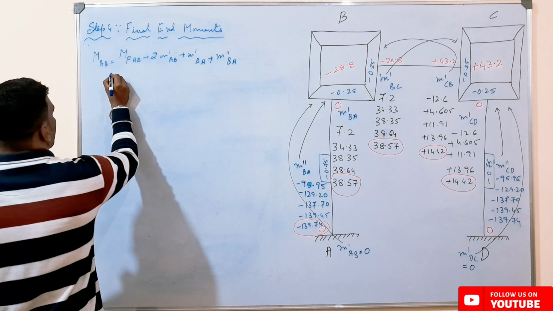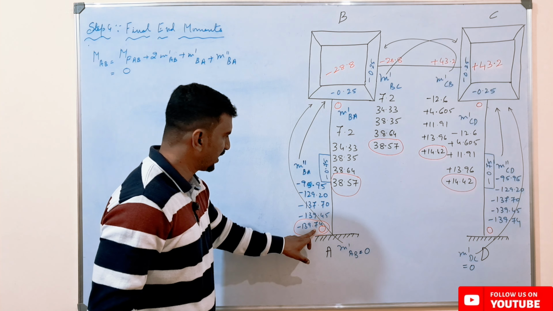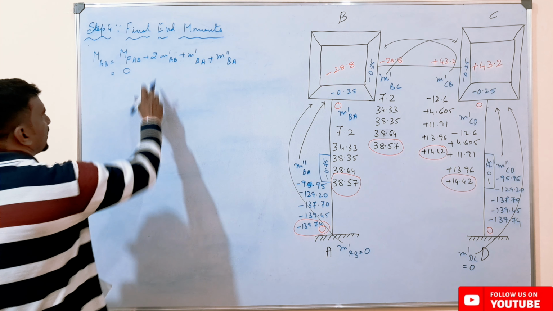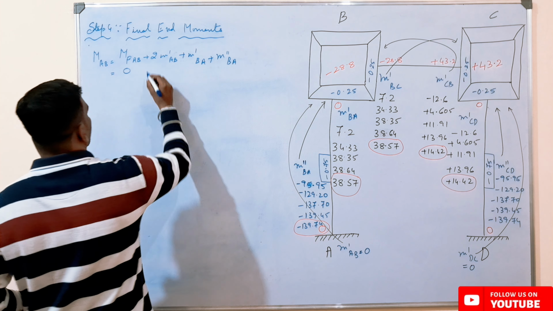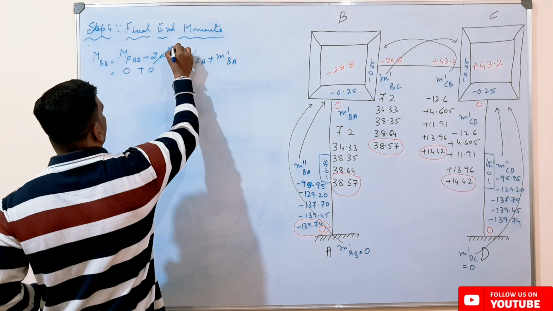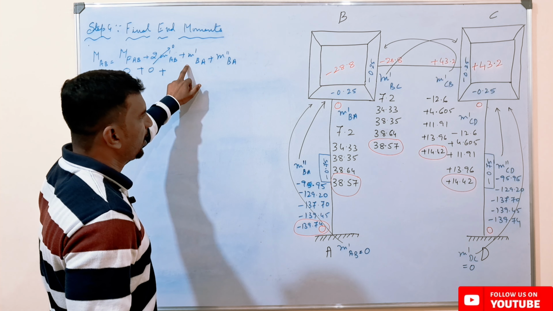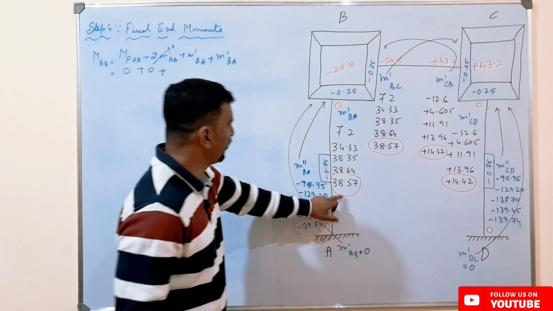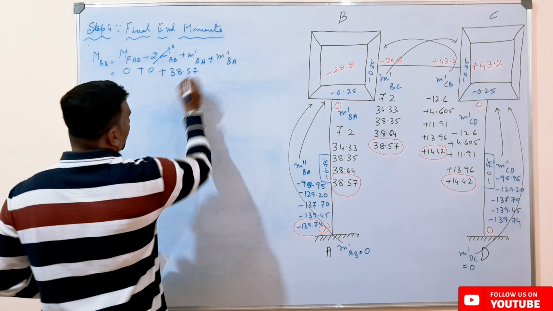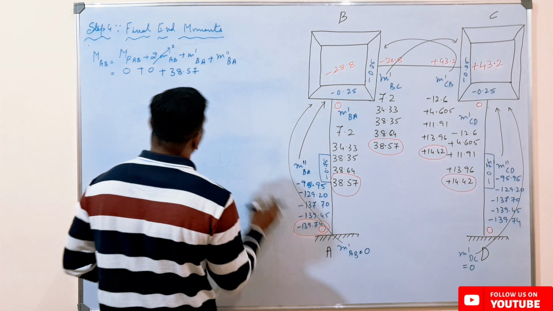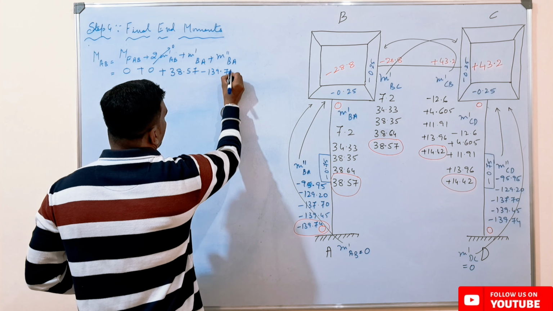Now if we put the values, the fixed end moment from A to B we have taken as 0, and M dash AB, the near end rotation contribution, is also 0, plus the rotation contribution about the far end M dash BA, which we have got as 38.57, plus M double dash BA, which is minus 139.74.